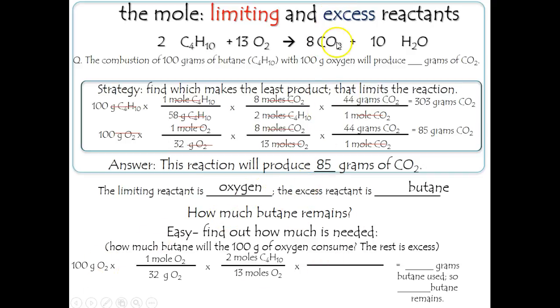So we have to ignore carbon dioxide, we ignore water, things like that, and that's easy to mess up. Just make sure you're answering the question. So we're going to 2 moles of butane, which still, each mole weighs 58 grams. This reaction will consume almost 28 grams of butane, meaning we have a little more than 72 grams of butane that remains. And that's how you do the last part of a limiting reactant type problem.